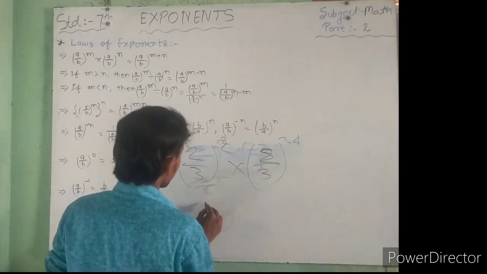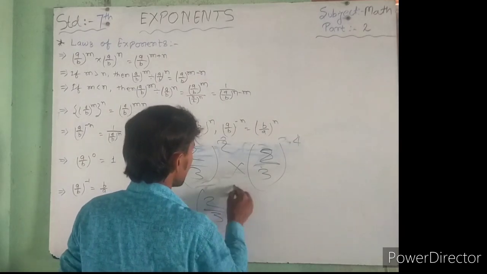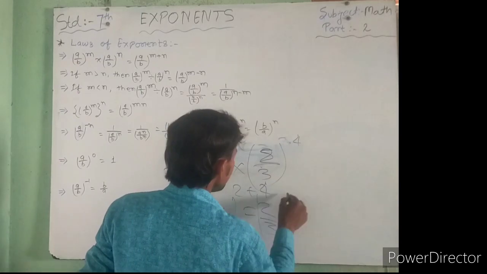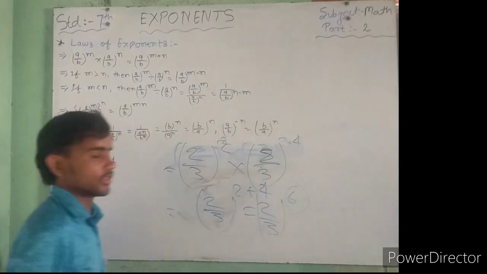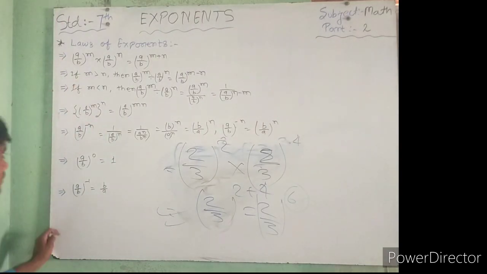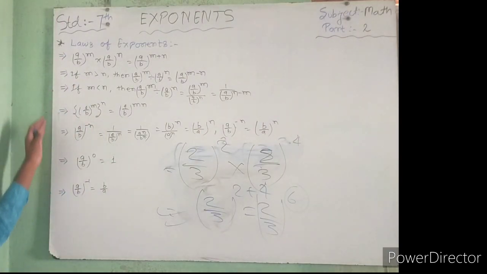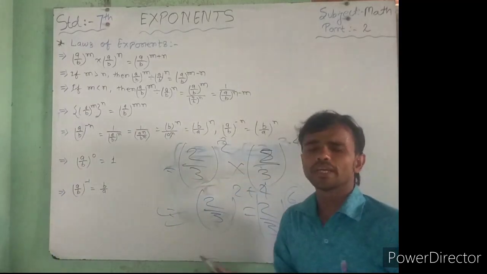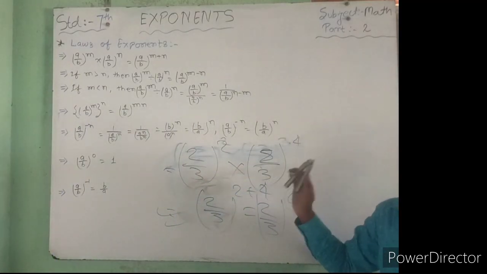So you write 2 by 3, and 2 plus 4 is equal to 2 by 3 power 6. That's your answer. If you understand these topics, then you have no problem in any question.